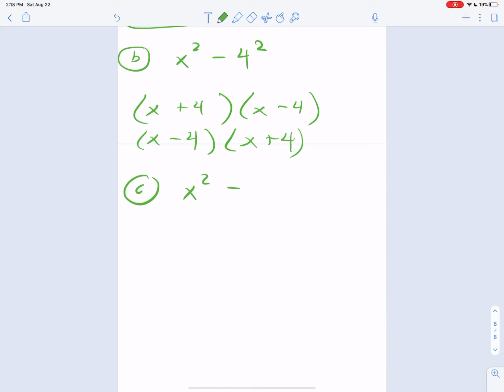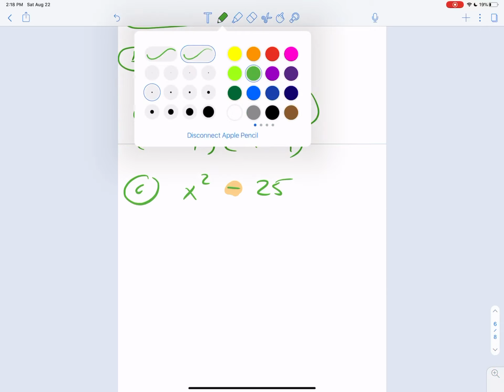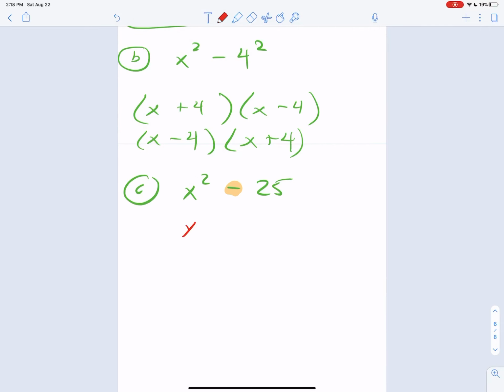X squared minus 25. Okay, so look, notice how we have the difference, but we don't have the two perfect squares, visibly at least. So here's what you got to do. You got to write it until it's in the perfect setup. I already have a square here. I have my minus sign. Can I make 25 look like a perfect square?